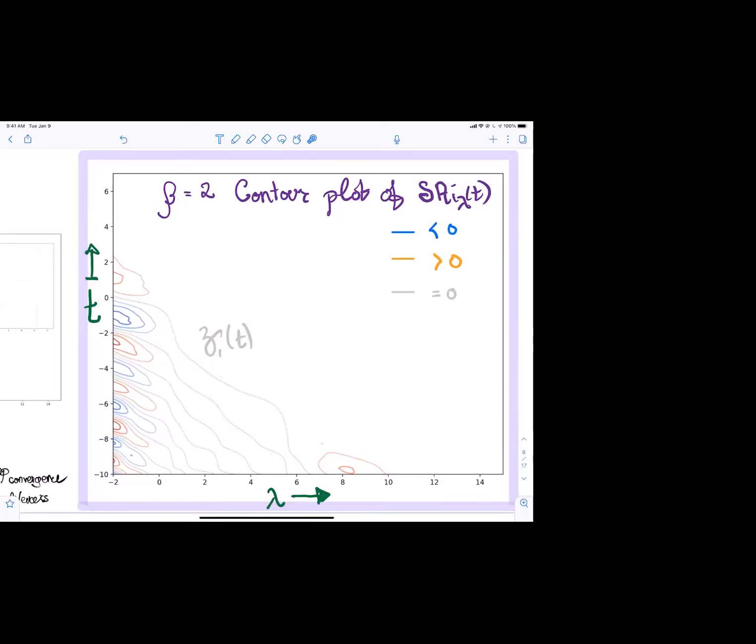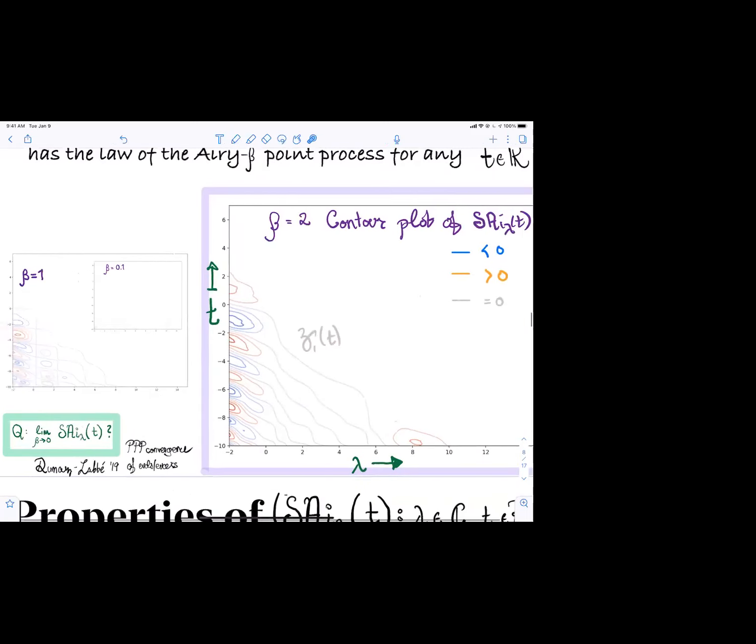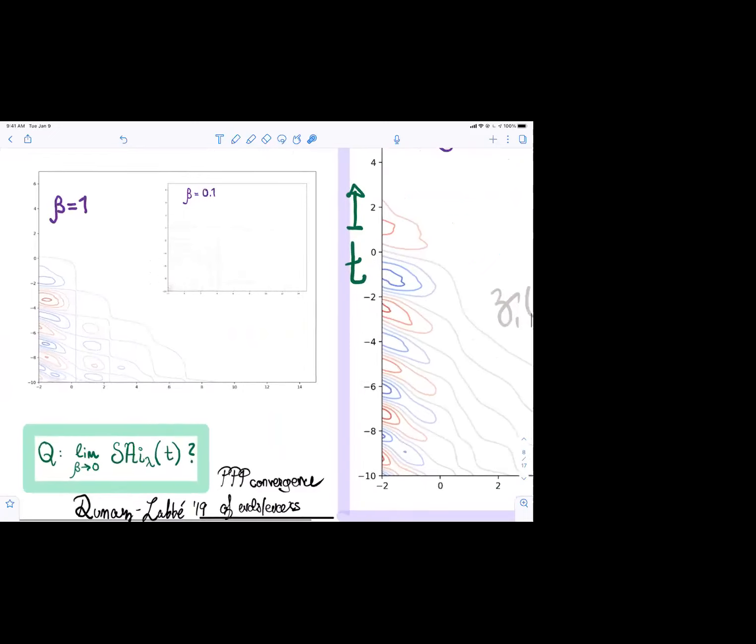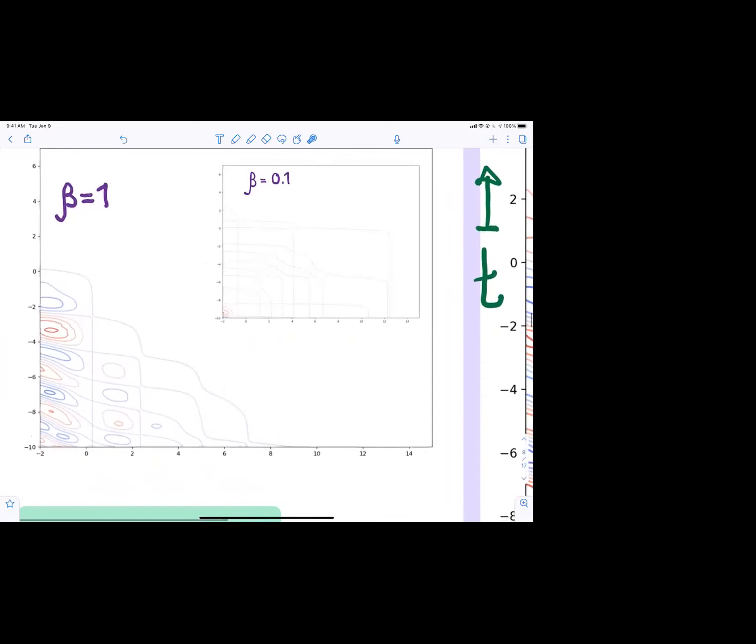So beta equal to 2 is, in some sense, the most well-studied example. It's the classic one. We could do this for any beta, so I just thought it's interesting to point out what happens when beta is equal to 1. It's the same picture. Things are looking kind of boxy, but these are the level lines.